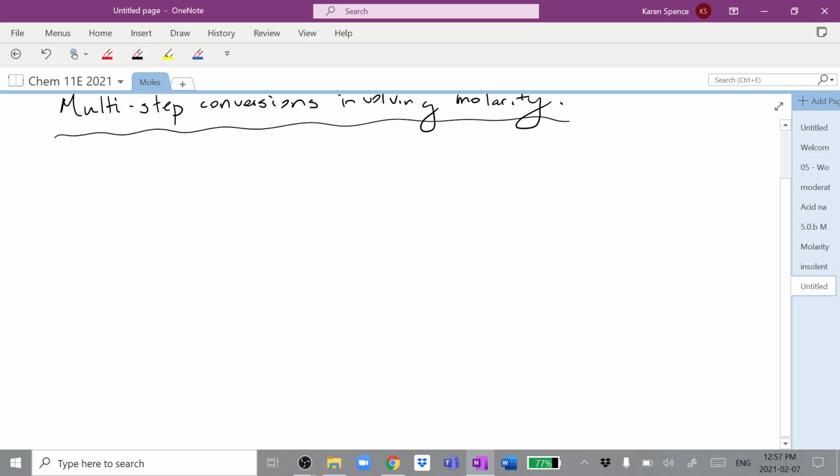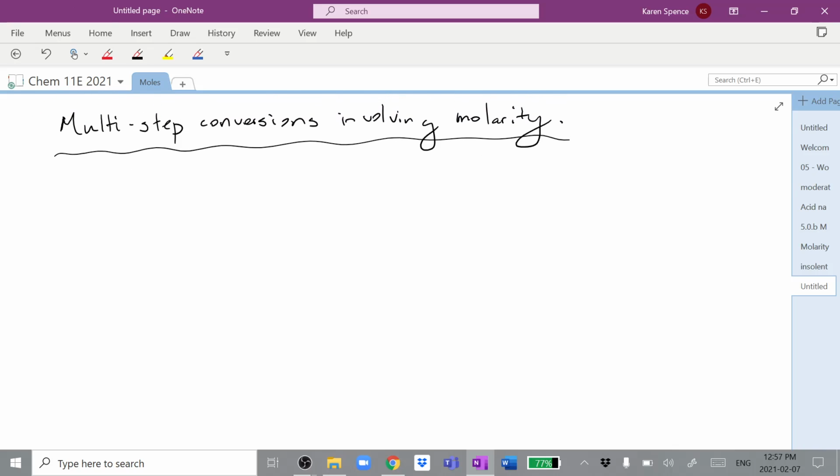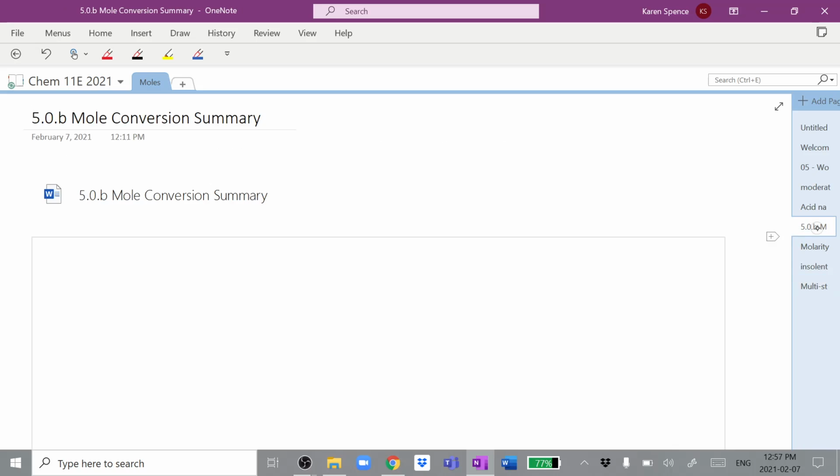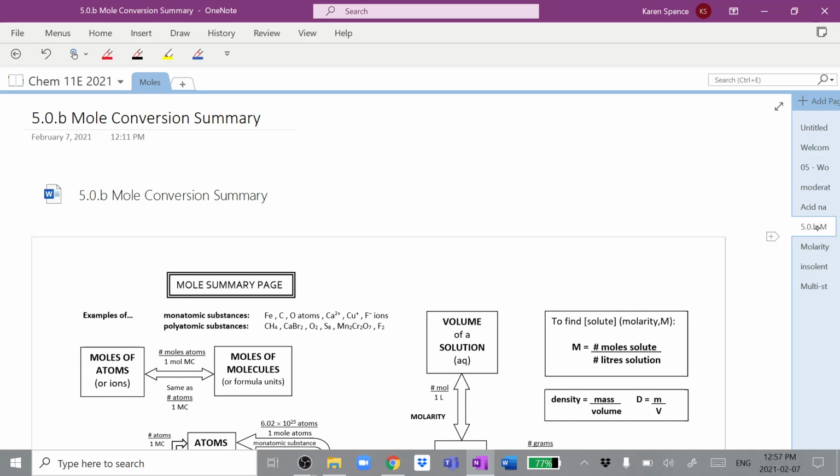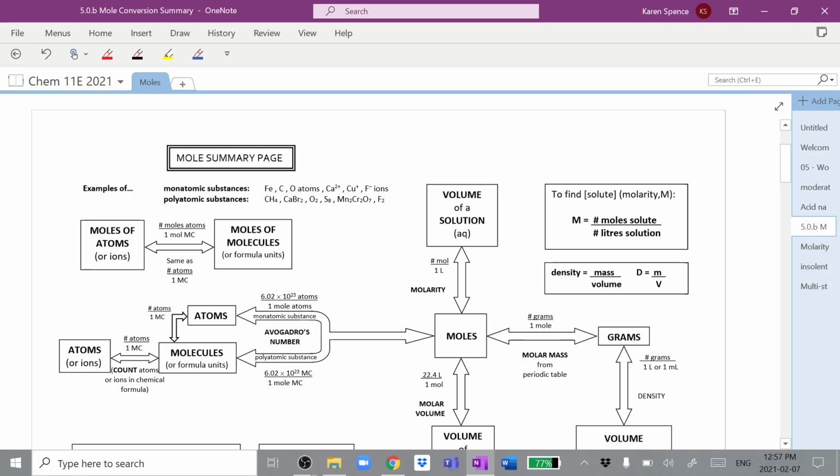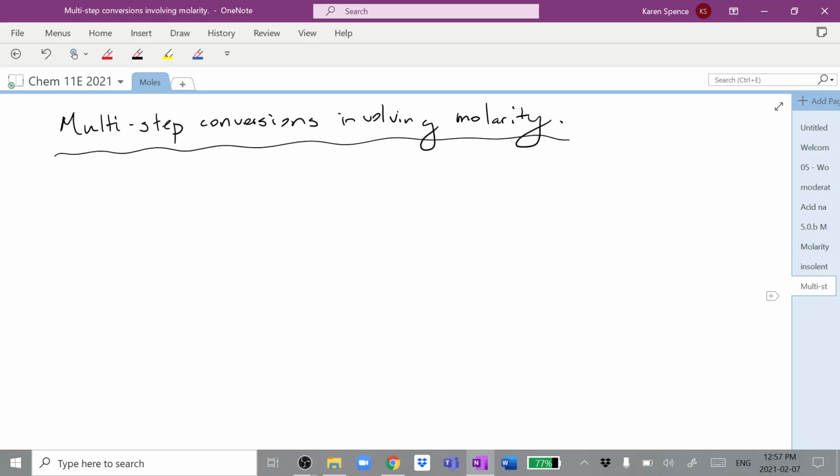Okay, and so we are going to go back to our conversion chart, which is on the first page of your mole book. However, I'm just going to focus in on the sections that we've done so far because there's a whole lot of stuff on there. So we have moles.